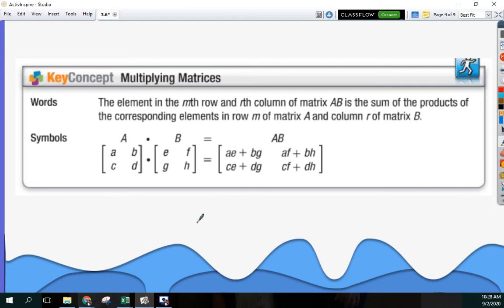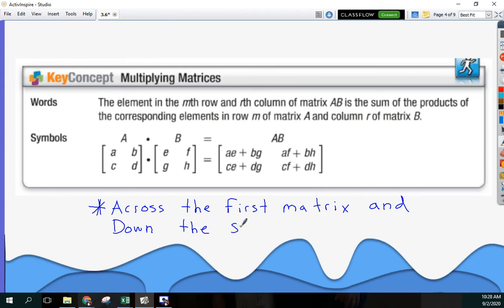Something that I'm going to repeat quite often is we are going to go across the first matrix and down the second matrix.